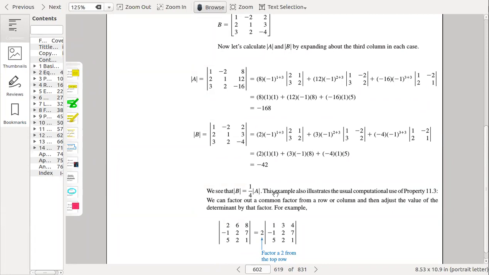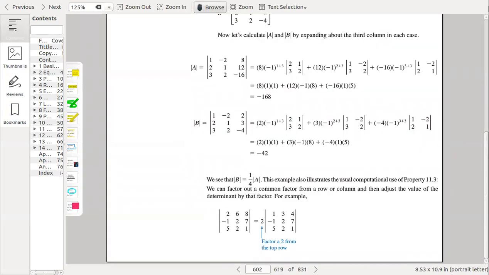This example also illustrates the usual computational use of property 11.3. We can factor out a common factor from a row or column and then adjust the value of the determinant by the factor. For example, from the first row, you can take 2 as a common factor.